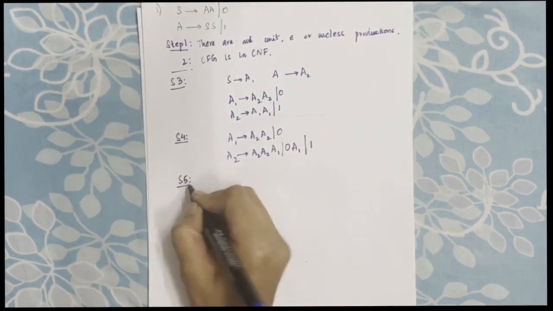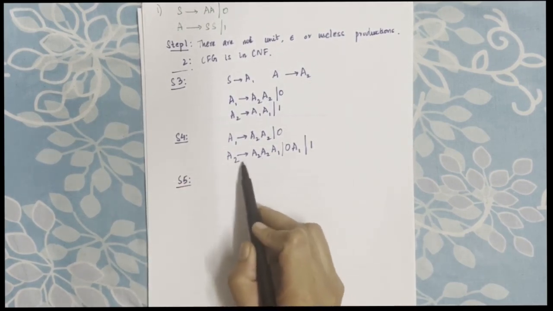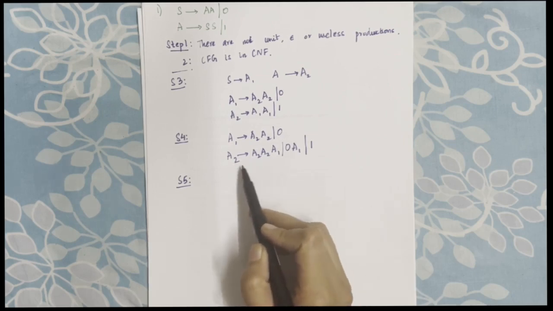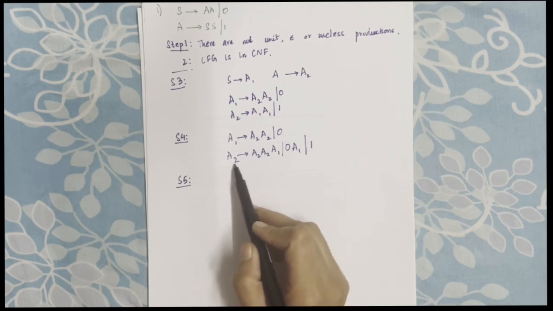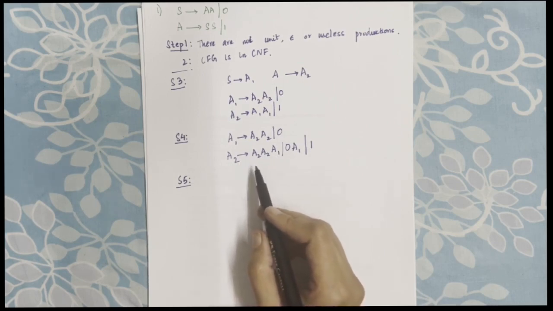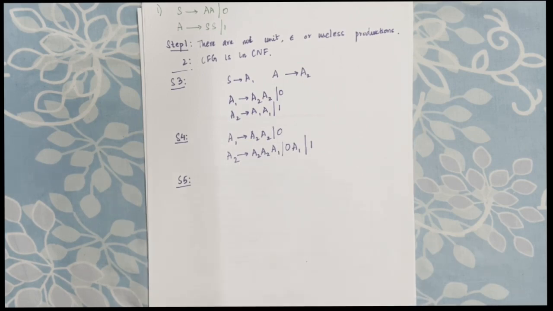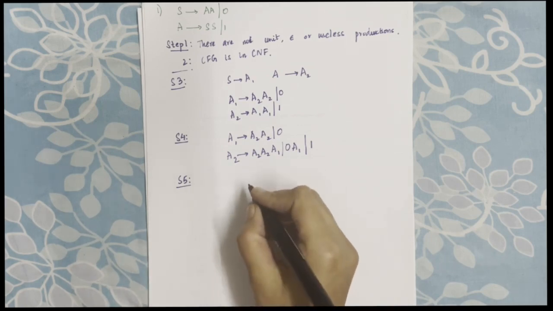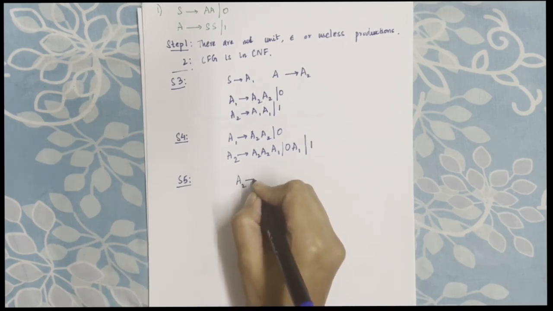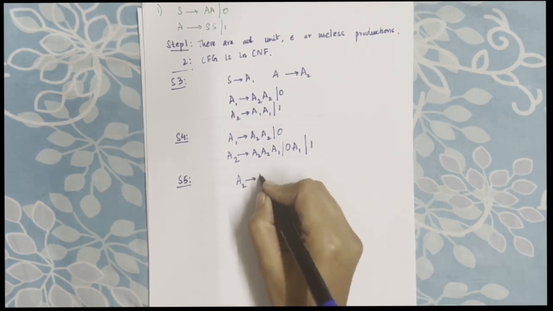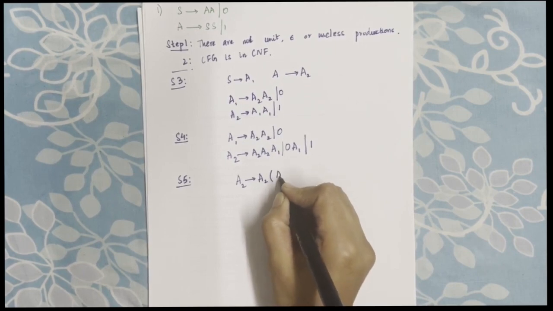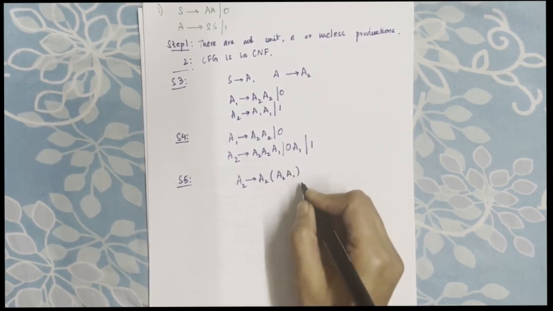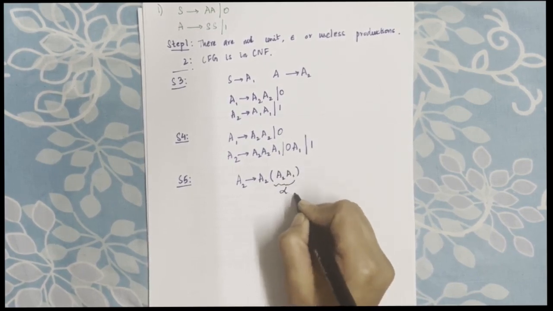Now moving on to step 5. This rule is said to be in left recursion because on both the sides I have A2 and A2. So to remove left recursion, we have a new variable, capital B. So I say A2 gives A2 and the remaining thing becomes alpha. So I get A2 A1, and this becomes alpha.